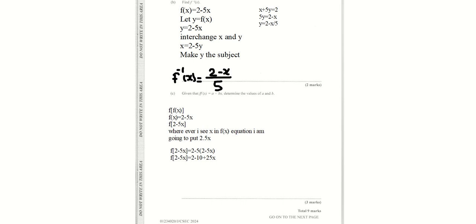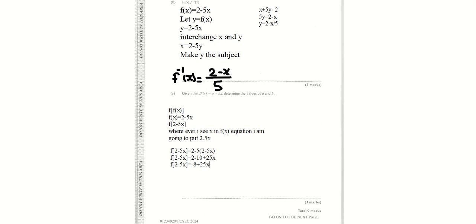Then you're going to work out, so f of 2 minus 5x would be equal to 2 minus 10 is minus 8 plus 25x.